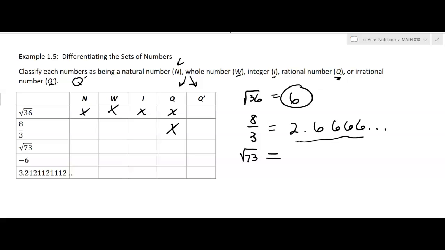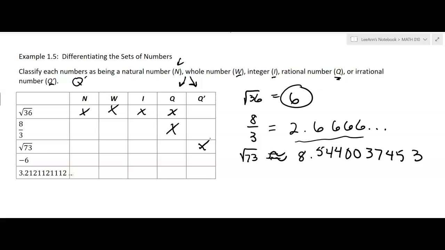If I put in the square root of 73, I get about, and this is the symbol for approximately, like a wavy equal sign, 8.5440037453. That's all that my calculator shows. It's not repeating. It's not stopping. Therefore, it is an irrational number. Because it's irrational, it's automatically not natural, whole, or integer.